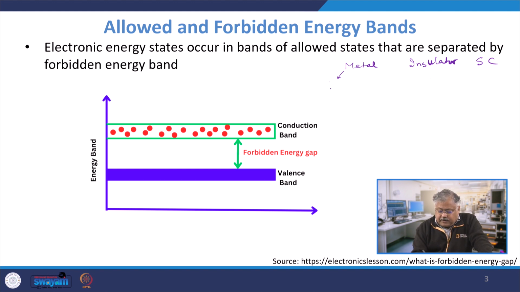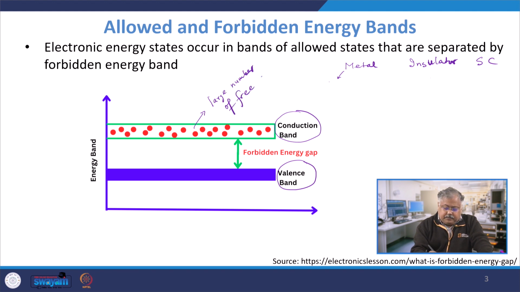So let's look at the fact that when you define an energy band diagram, we have this conduction band and this valence band. The conduction band has a large number of free electrons which can participate in transport. And the valence band has a large number of holes, which can again do transportation.